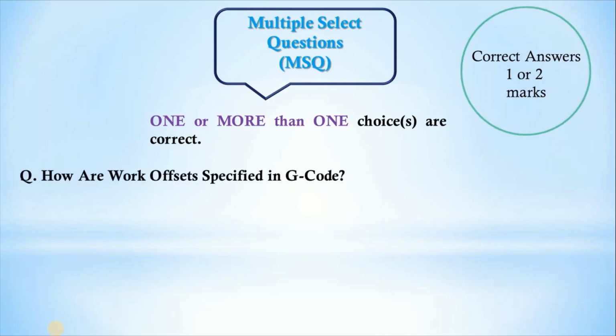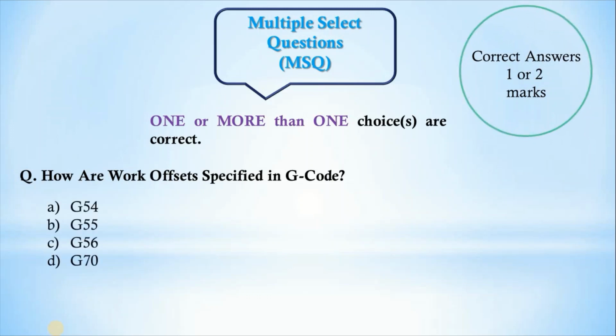Now the question is, how are the work offsets specified in G code? This is a question based on the CNC machine, where G code is used for writing the program for the CNC. The options are G54, G55, G56 and G70.